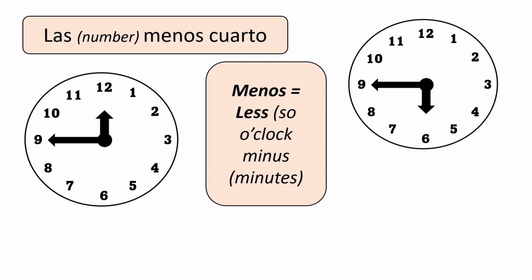Now we will focus on how to say the times that are 1/4 to. It begins the same as the previous times, where you begin by mentioning the word las, followed by the hour number. However, here, instead of saying y cuarto, which was for 1/4 past, you say menos cuarto. Menos means less in Spanish, so it is like saying the hour minus a quarter.